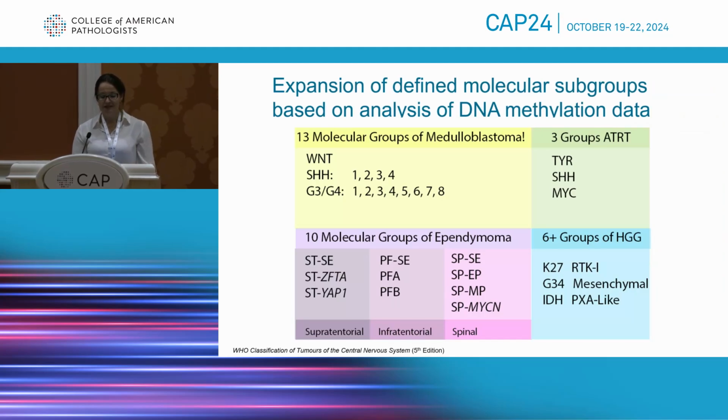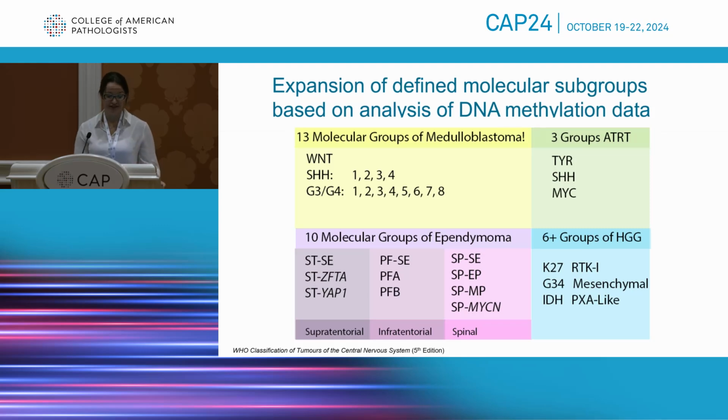And there has been a huge expansion in the brain tumor realm for defining tumor groups based on DNA methylation analysis. In the new WHO that was recently released, I think a year or so ago, there are now 13 subgroups of medulloblastoma. These are just examples of how much this has changed from what we knew based on histology and even some molecular testing, and how granular this characterization is becoming.